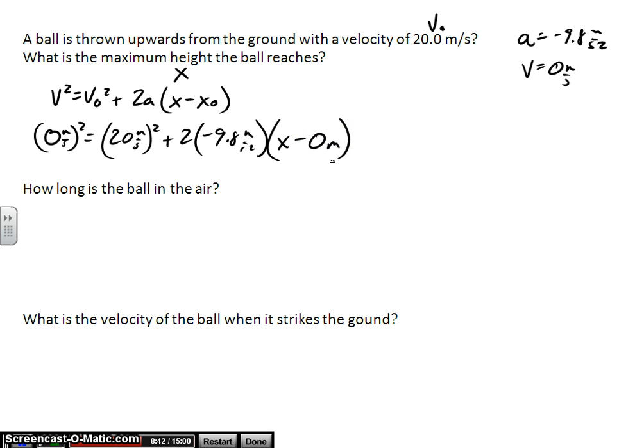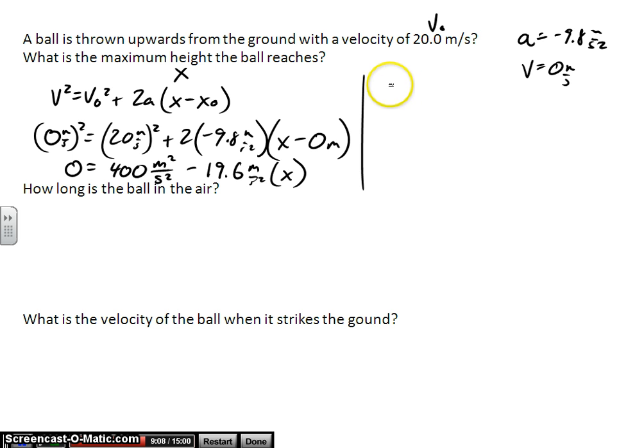So if we simplify all of this, I get 0 equals 400 meters squared over seconds squared minus 2 times 9.8, negative 9.8, minus 19.6 meters per second squared times x.